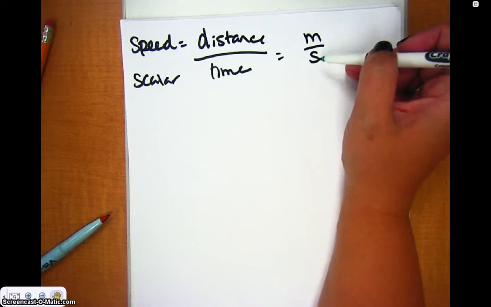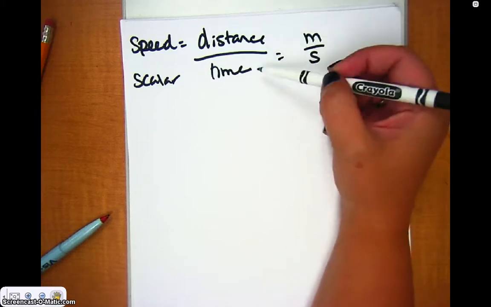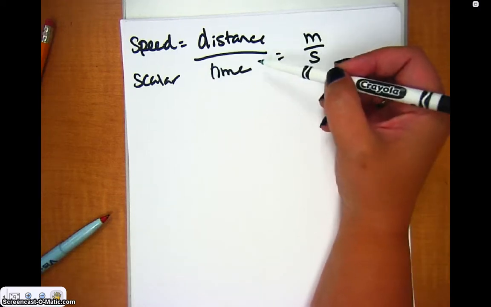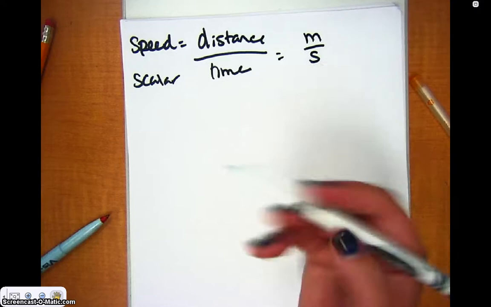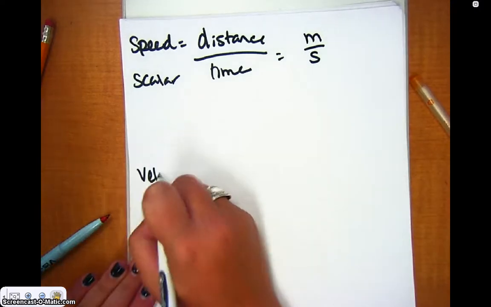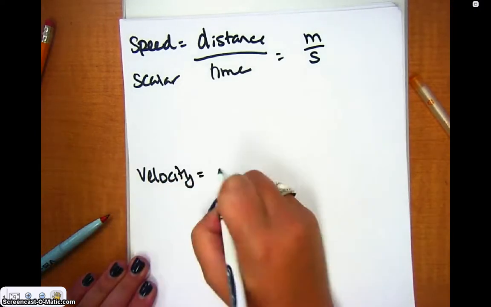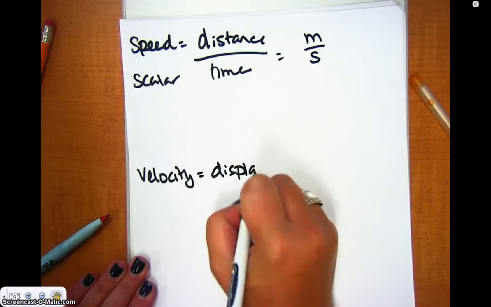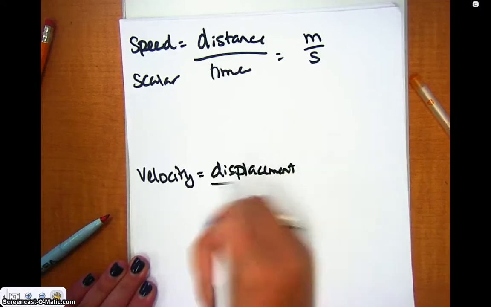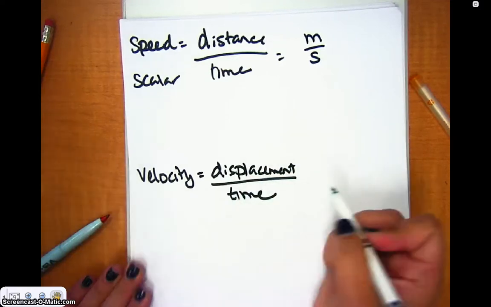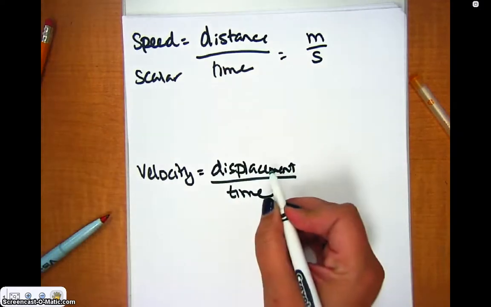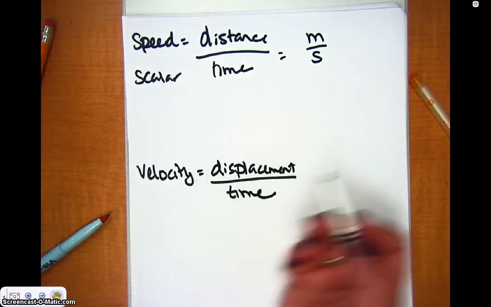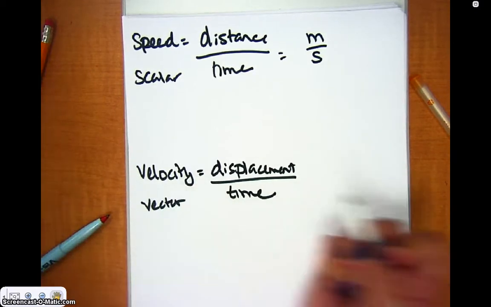So then if we look at, this is distance over time, so we know there's a difference from distance to displacement. So we also have the idea of velocity, which is taking the displacement over the time. Now, because displacement is a vector, that makes velocity also a vector.